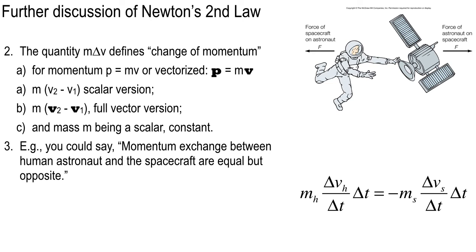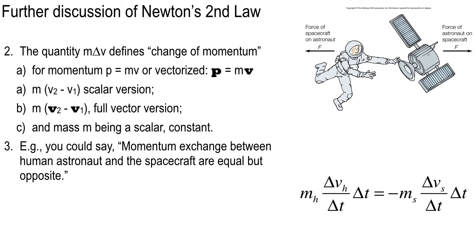I'm missing an equation here. This should have another equation and it disappeared. Okay, the equation it should have is delta P subscript H equals minus delta P subscript S.